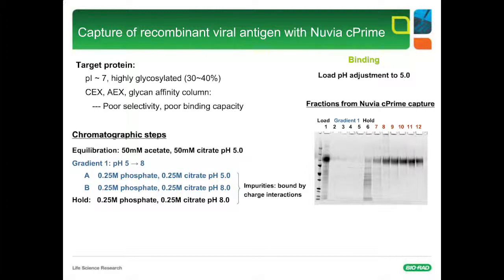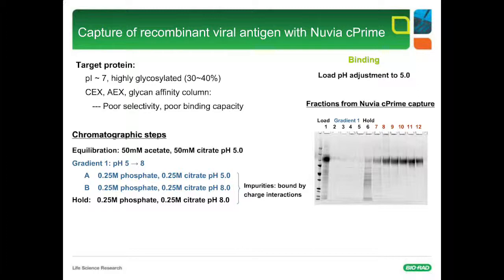For the first gradient, you don't really see a lot of protein bands on the SDS-PAGE, lanes 2, 3, 4, and 5. However, by OD, we know the DNAs are washed out from the column. And then we hold the pH at 8, keeping the salt concentration high. For lane 6, you see more protein impurities are washed out.